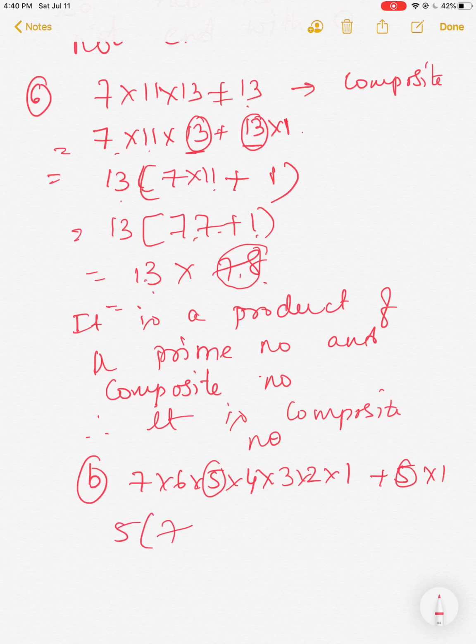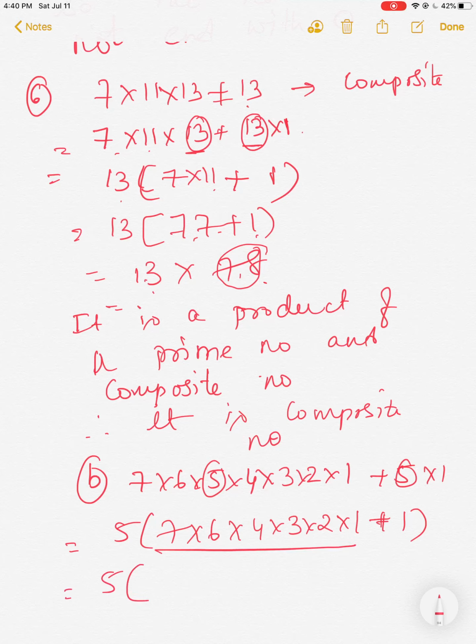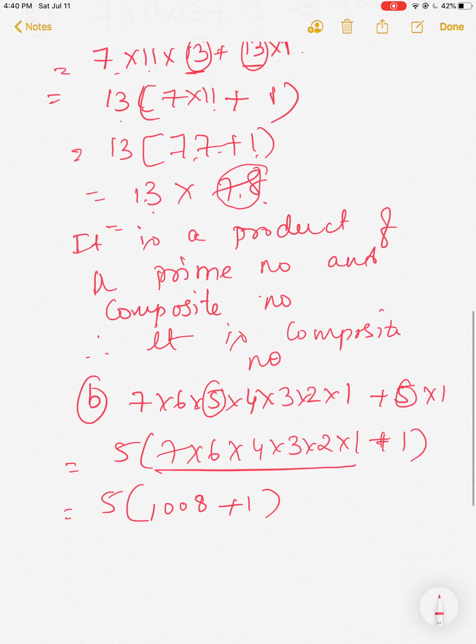What is left here? 7 into 6 into 4 into 3 into 2 into 1, plus 1. It makes no difference whether you write the 1 or not. Now multiply all this: 7 into 6 into 4 into 3 into 2 is 1008, plus 1. So 5 into 1009.